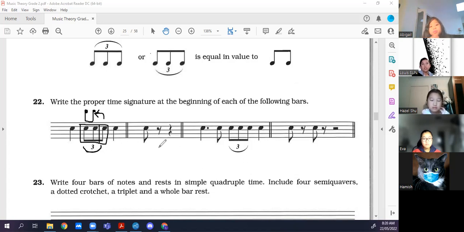So what this essentially means is that you can also have crotchets like this. And if they were grouped in a triplet, that means that is equal to 2 crotchets in itself. Does that make sense? Yes? No? Kind of? I'm checking the chat if anyone has a question.